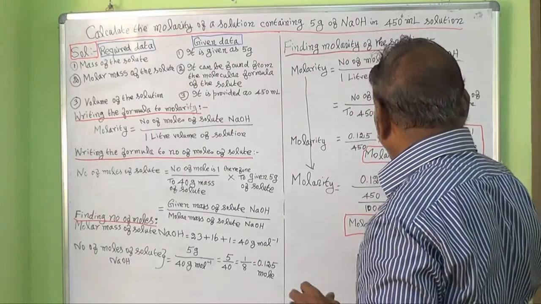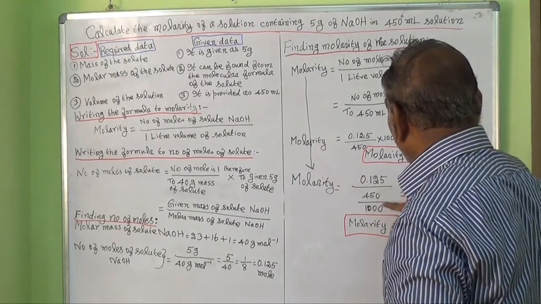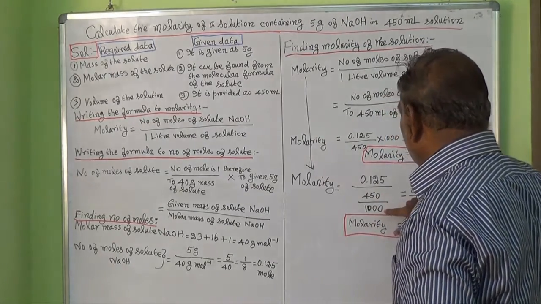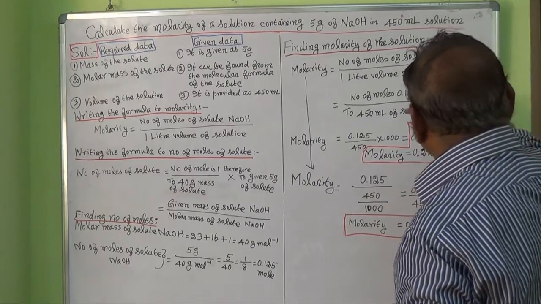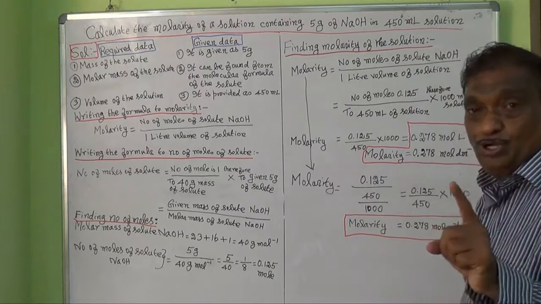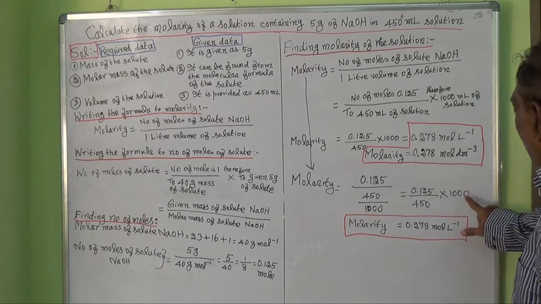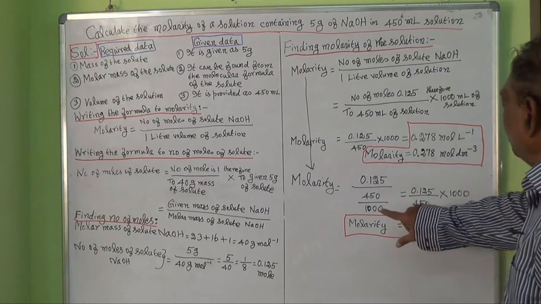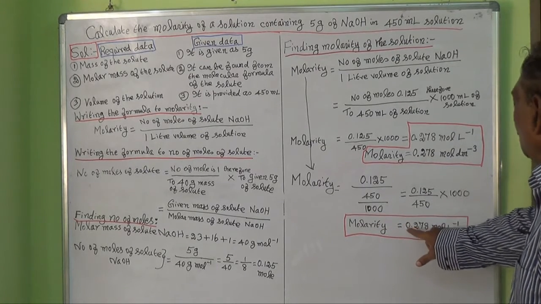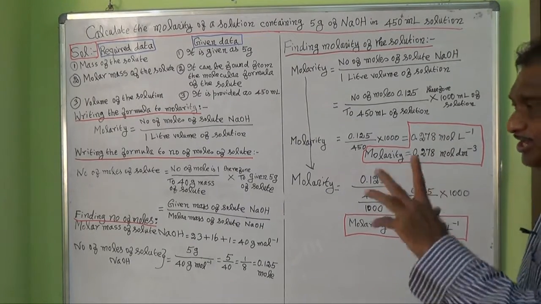So in the denominator we are getting the fraction 450 by 1000. So this 1000 will go to the numerator, so that we will get 0.125 by 450 into 1000. We will get the molarity of the solution as 0.278 mole per liter, as we have already determined.